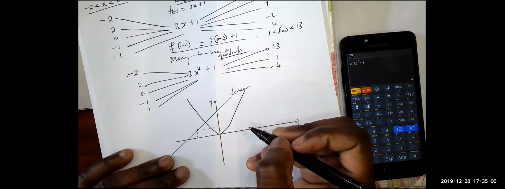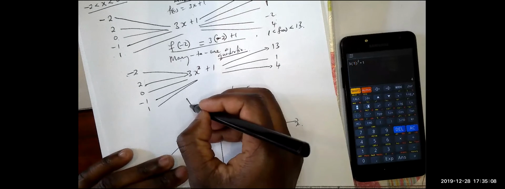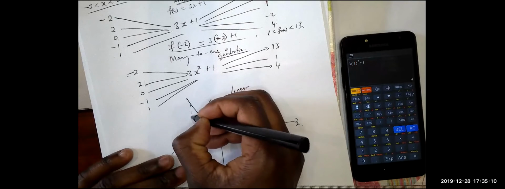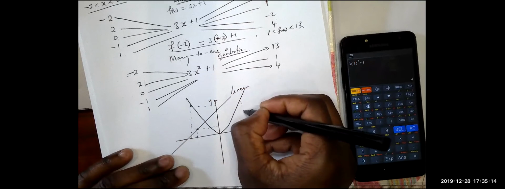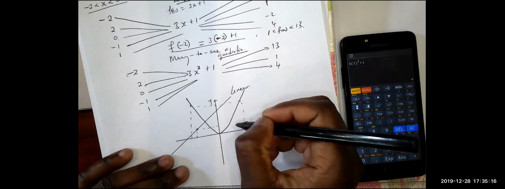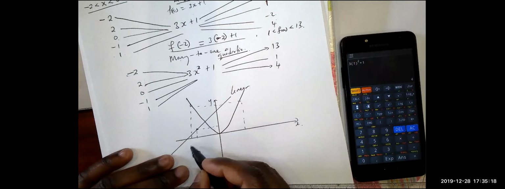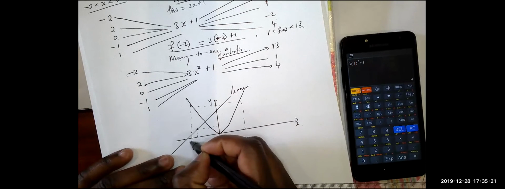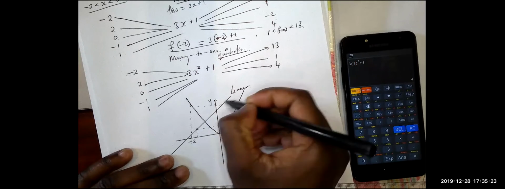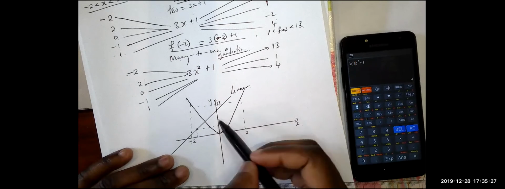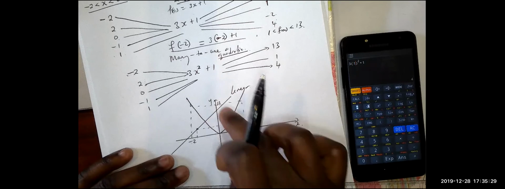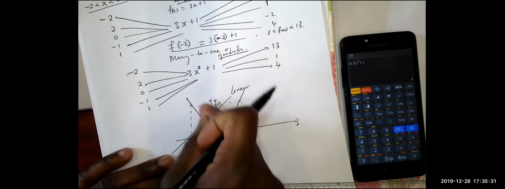That's what we want. In this case, if we put -2 and 2, we get the same value, which is 13. So in this case, it's a function because you have one output.